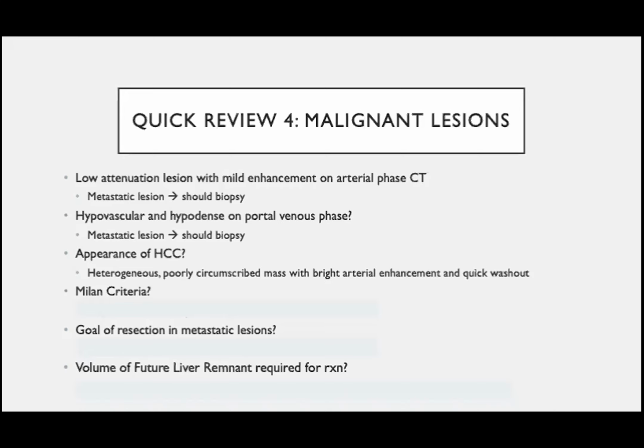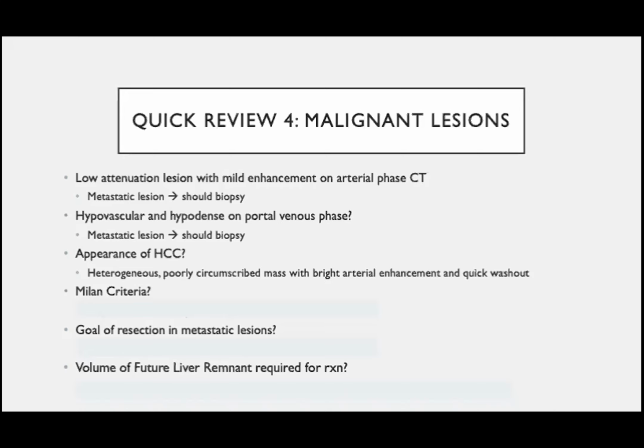Perfect. Do you remember the Milan criteria? Single lesion less than 5 centimeters, 2 or 3 lesions, 3.5 centimeters, and no vascular lesion or extrahepatic disease.